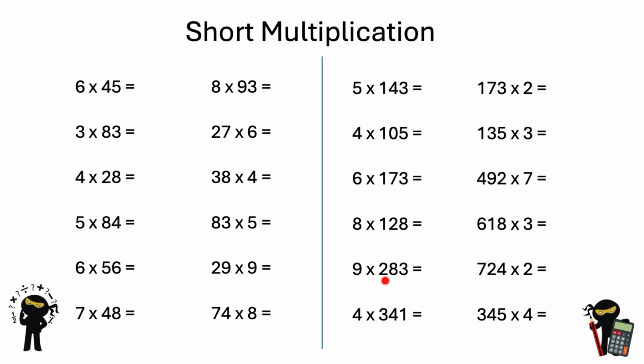Okay, 9 times 283, or 283 times 9. The answer's just the same. Okay? So again, don't get thrown, and that's why I've provided some of these examples, so you just go into automatically laying the question out as we've looked at in my examples and the SATs examples. So good luck, get this practice done, and we'll move on to some more complex problems next week as well. So well done.